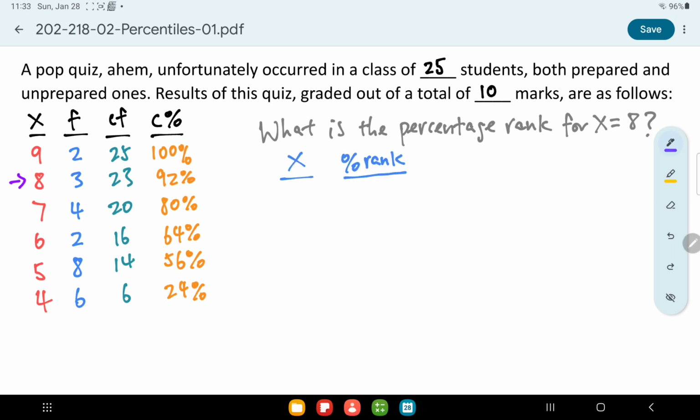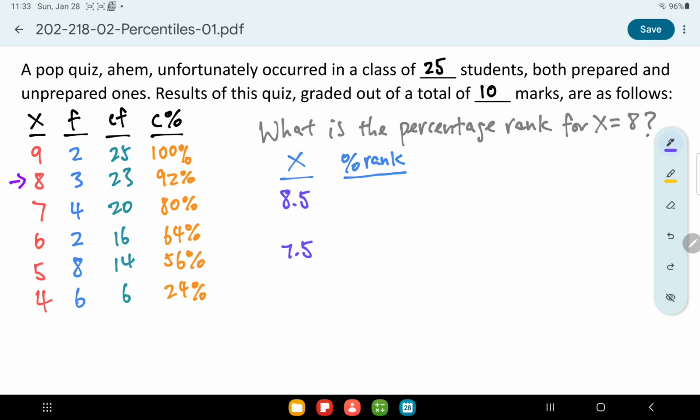And so to lay this out, let's just put the upper and the lower real limits in for our consideration. So we have 8.5 as well as 7.5. These are the upper and lower limits of the range that we're looking at.